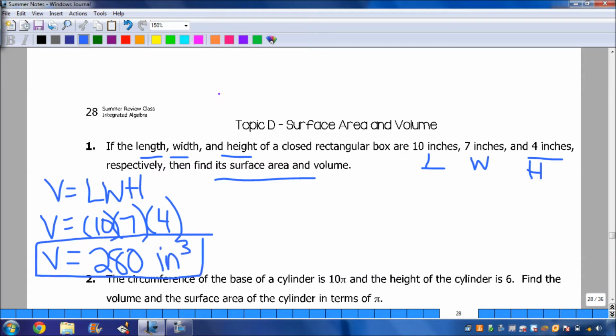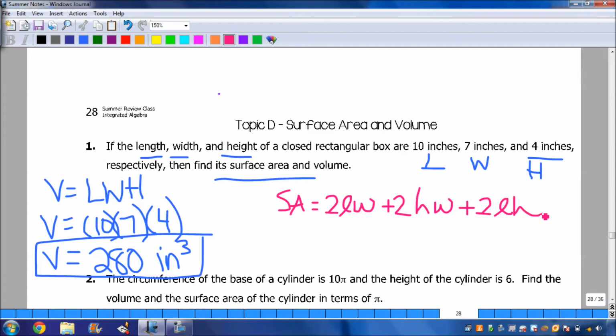Okay, now the surface area is not a formula you have to have memorized. It is on your formula sheet on the back of your blue packet. So the formula, according to your formula sheet, is surface area is 2 times the length times the width plus 2 times the height times the width plus 2 times the length times the height.